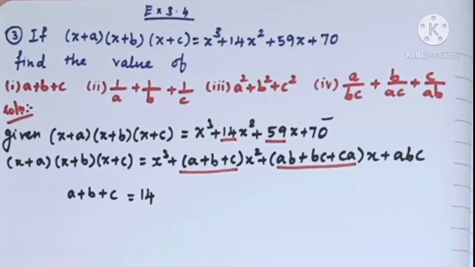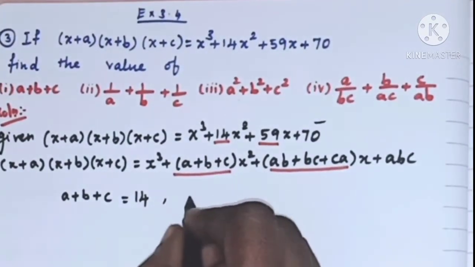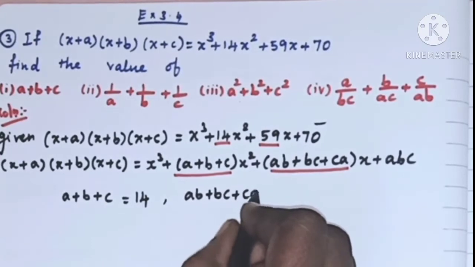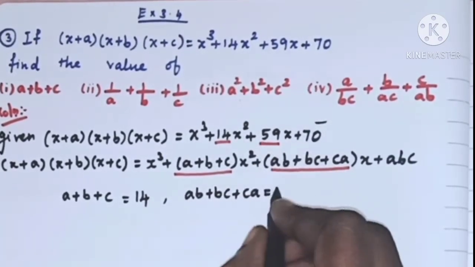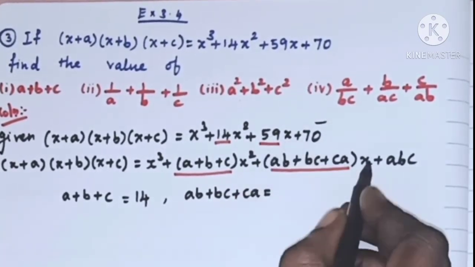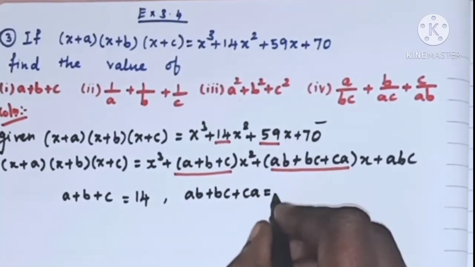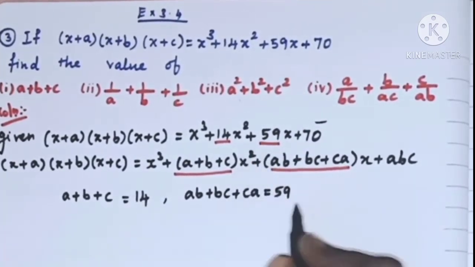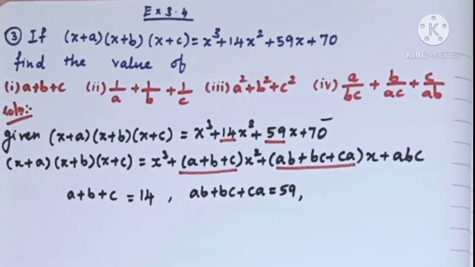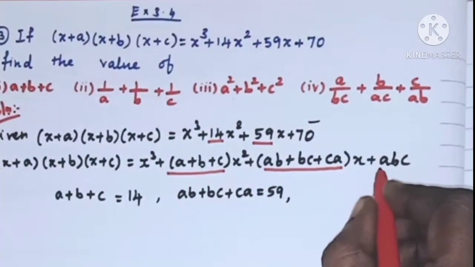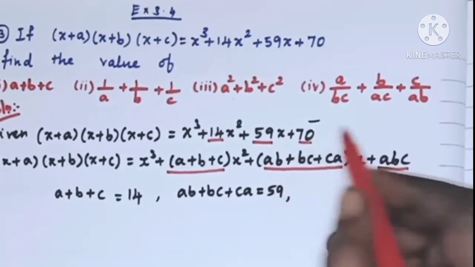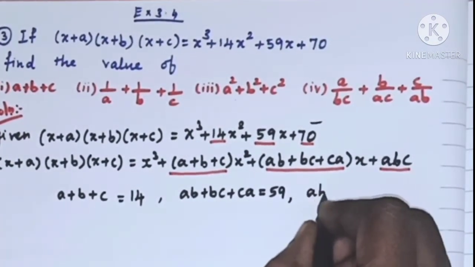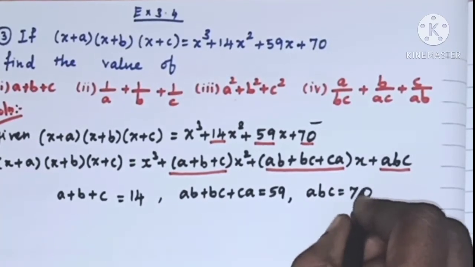So we will write ab plus bc plus ca is equal to 59, coefficient of x. So the value of ab plus bc plus ca is 59. And finally in the place of constant term abc we have 70 here, so we will write abc is equal to 70.